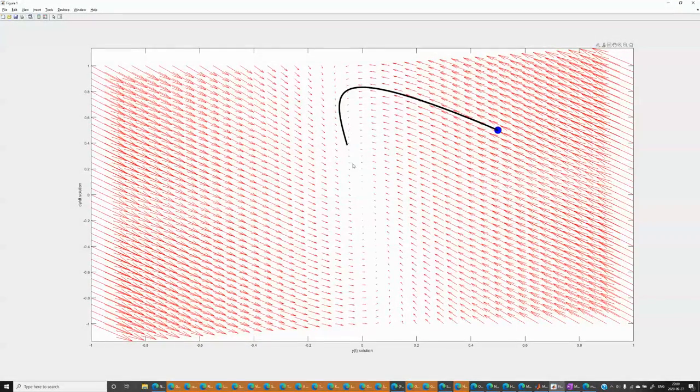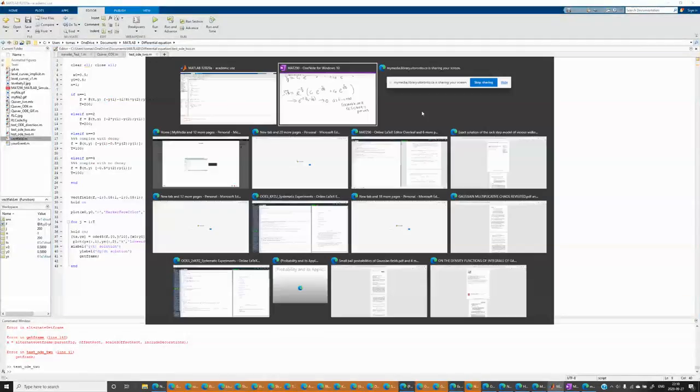As time goes by, it will hit the origin. Okay, good. Almost there. Done. All right.